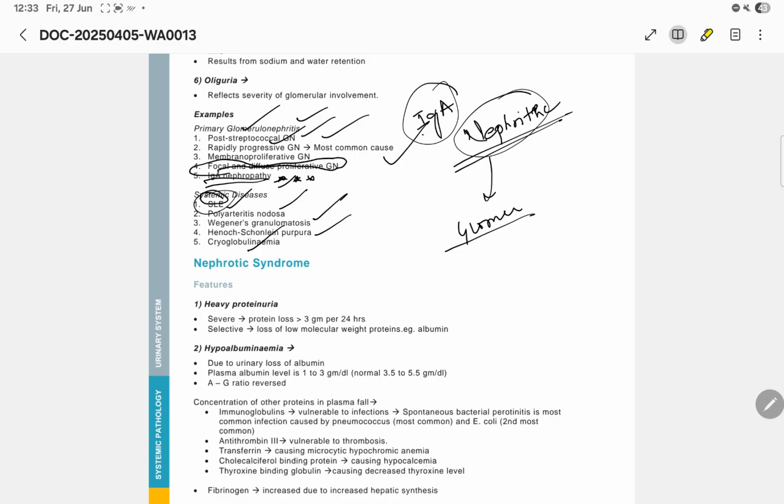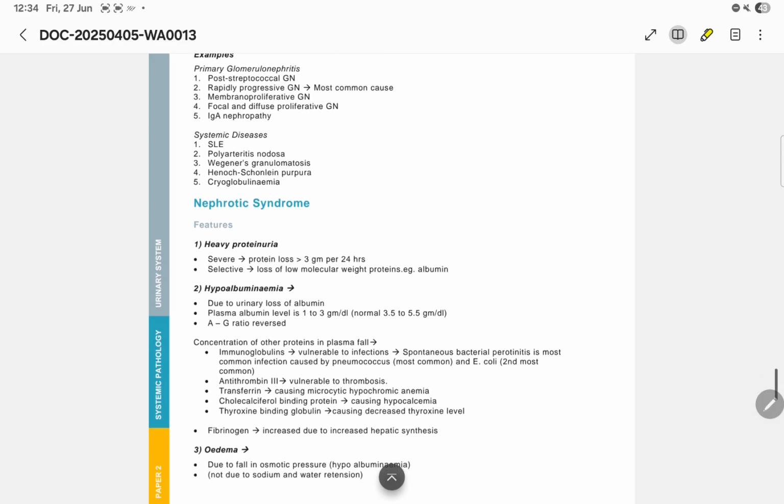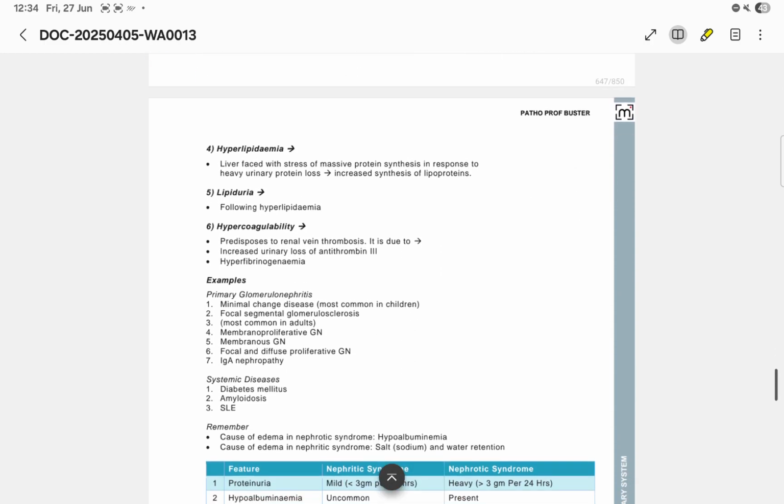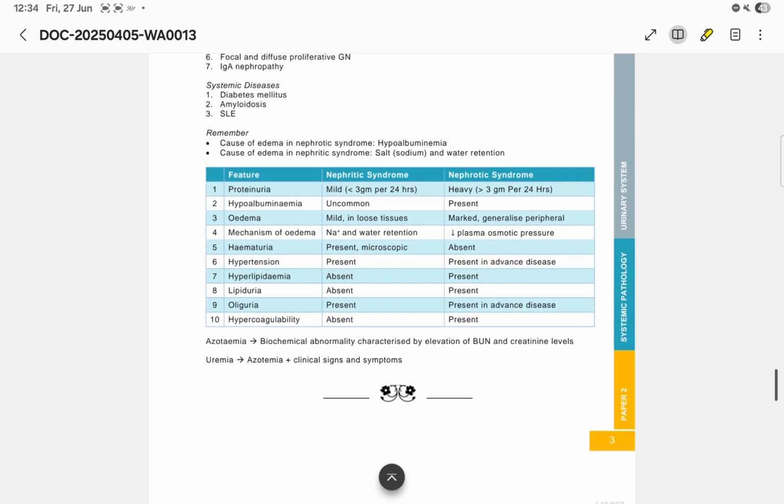Just remember SLE and cryoglobulinemia and all these things. If you want, you can remember, but that is not of much importance. Anyway, they are asked in competitive exams as well. So now let us move on to the next thing, that is nephrotic syndrome. What happens in nephrotic syndrome, and what are the differences.